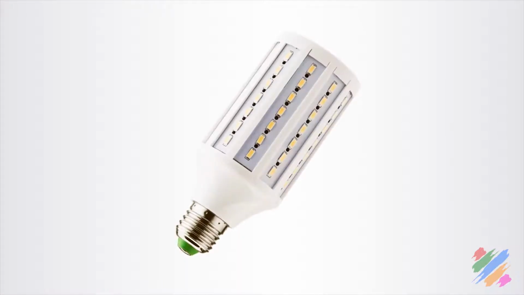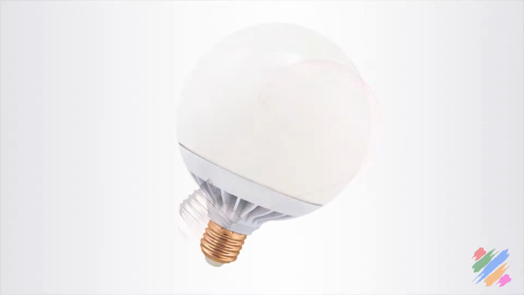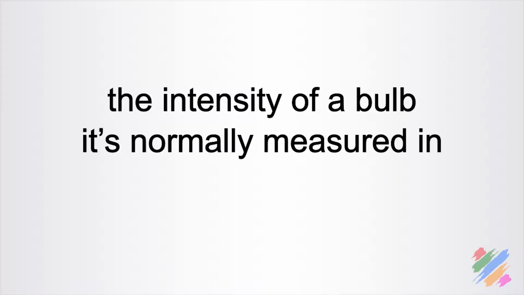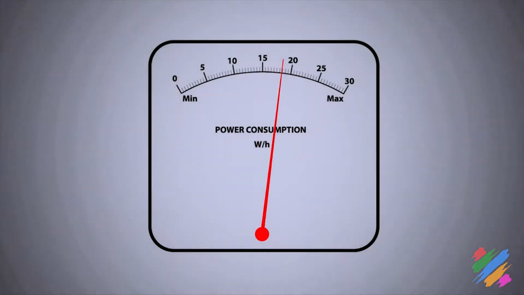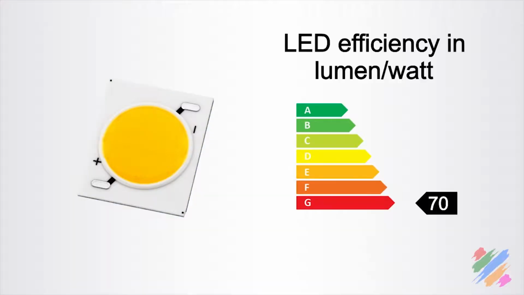To be able to choose our light bulb is very important because it gives us the chance to control two very important parameters: the light intensity and its color. The intensity of a bulb is normally measured in lumen, and it depends on the power consumption and on the LED efficiency. So far, we can find lights with efficiency starting from 70 lumen up to 120 lumen per watt for the most efficient.